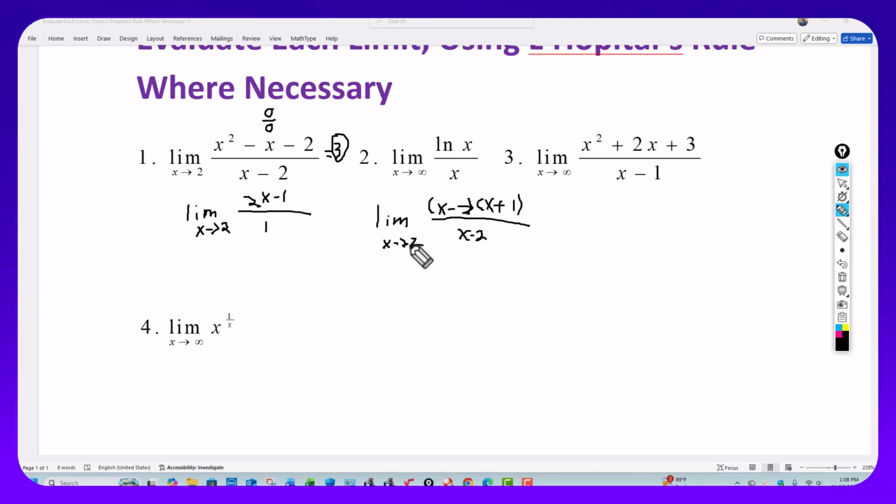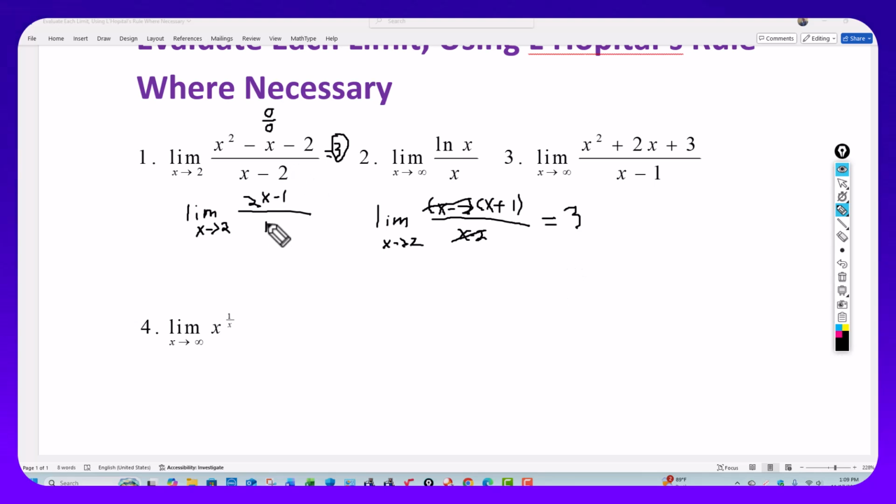It doesn't have to get to 2. Normally we would say, you plug in 2, this is going to be 0, this is going to be 0, and we divide by 0. But we only want to know what happens if x is real close to 2, but not quite there. In that case, I can cancel those out. And then, what happens now as x goes to 2? Well, this cancels to 1, and this goes to 2 plus 1, which is still 3.